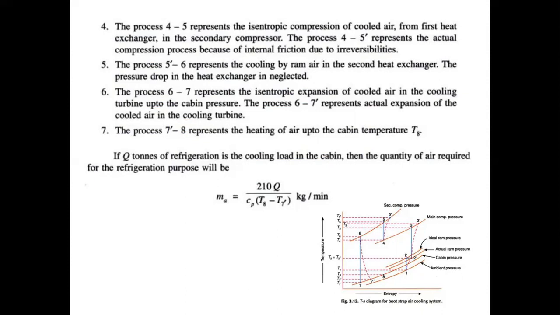P7 and P8 is the area where the cabin plays a role, and ultimately we find out the COP of the system.